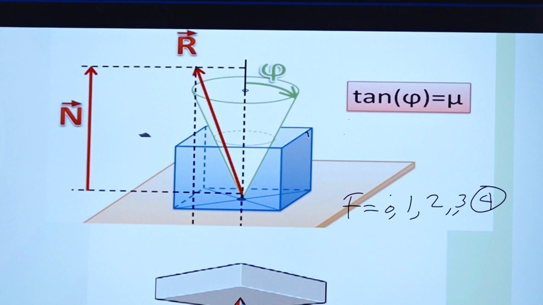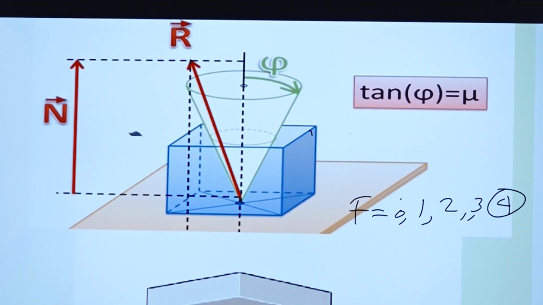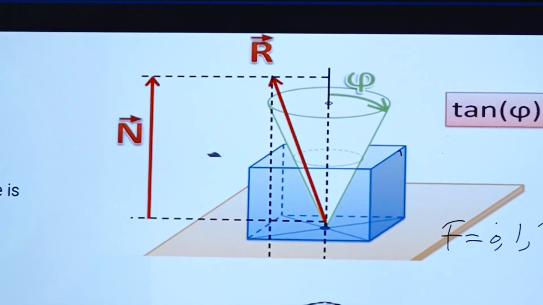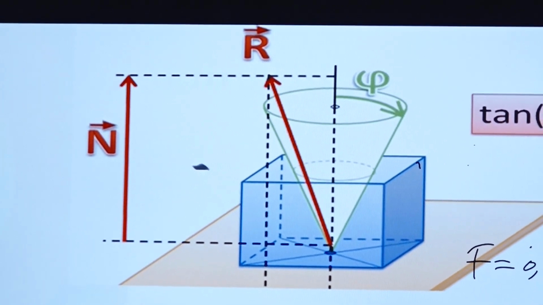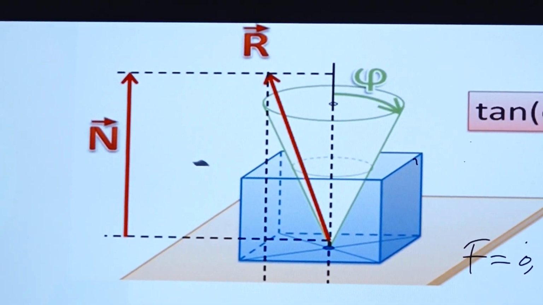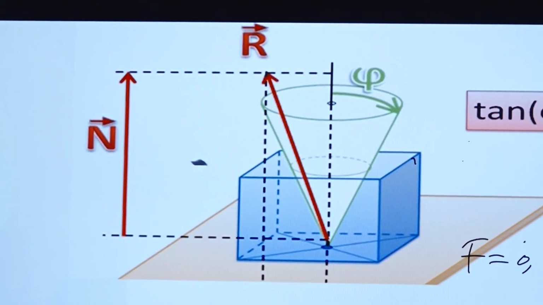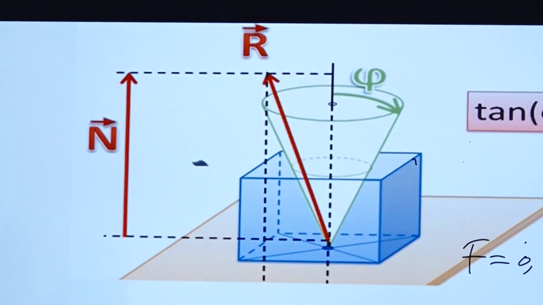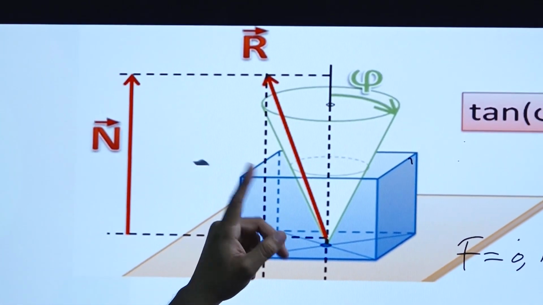Where do we use this cone of friction? There are many machines in the industry that work on vibration. We have to set the friction amount between the particle and the surface of that machine, and you have to keep the friction within this cone only.